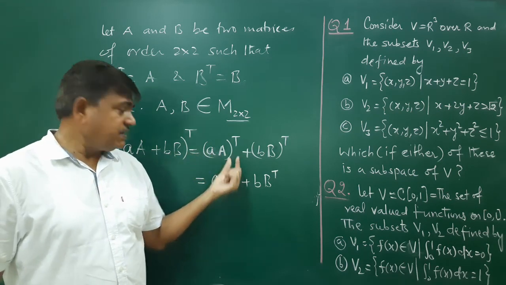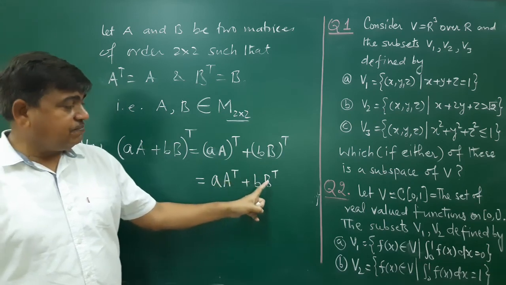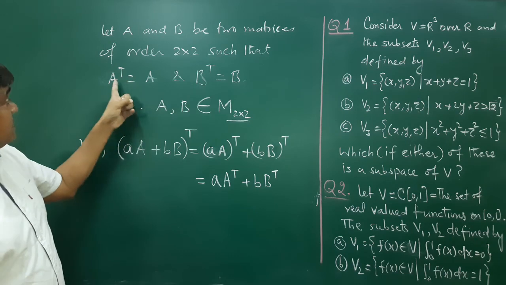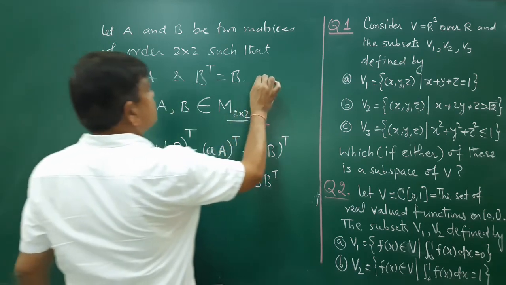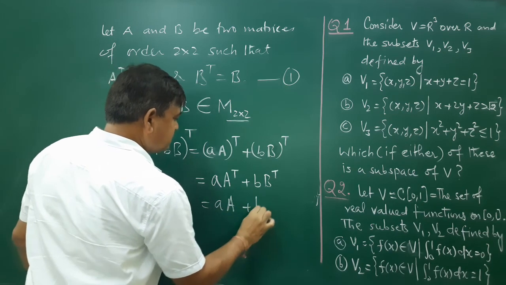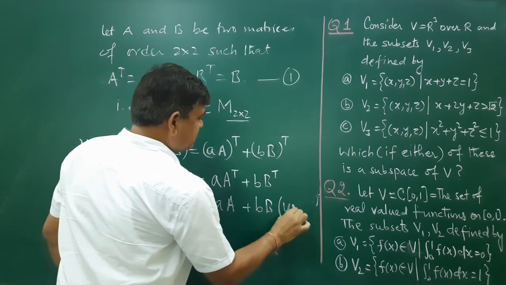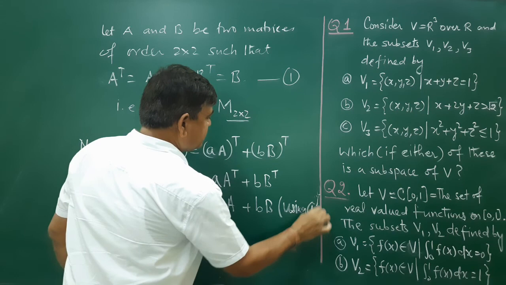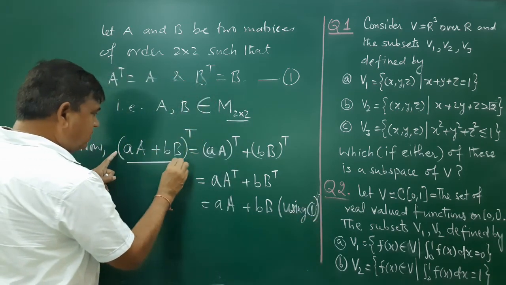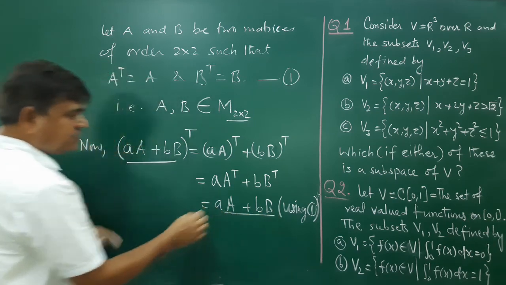Again this is a property. Now since A and B are symmetric matrices, using the first property, the transpose of the whole is equal to this one.